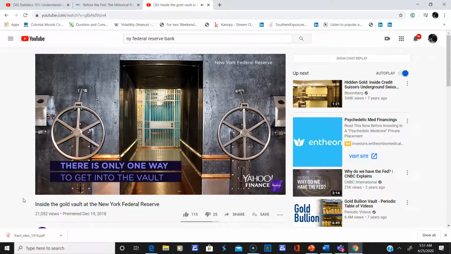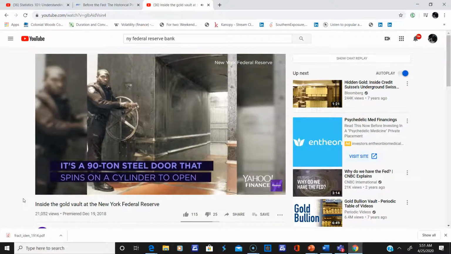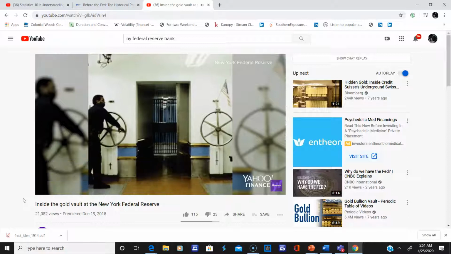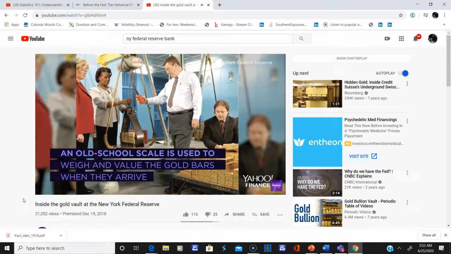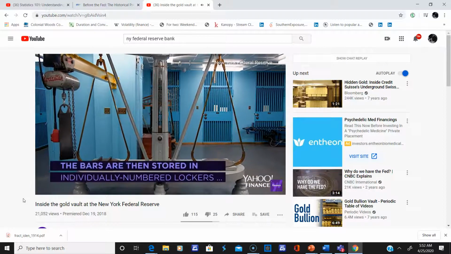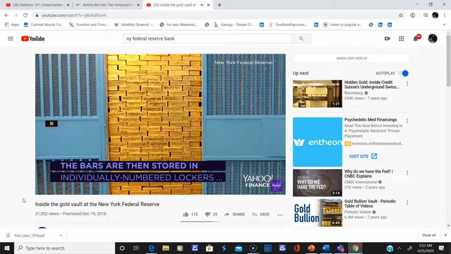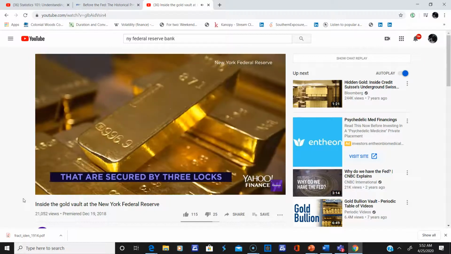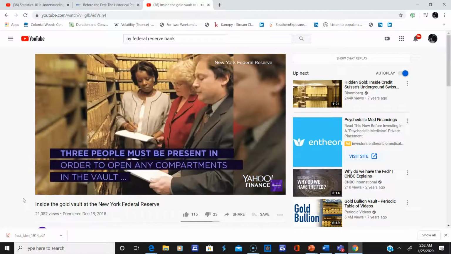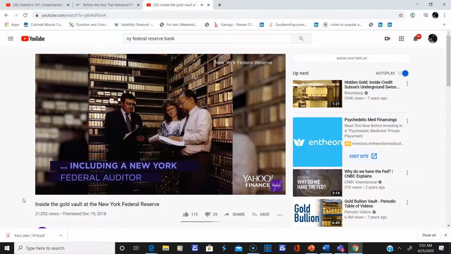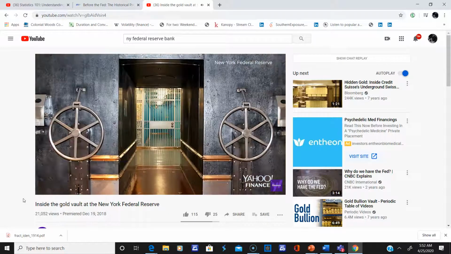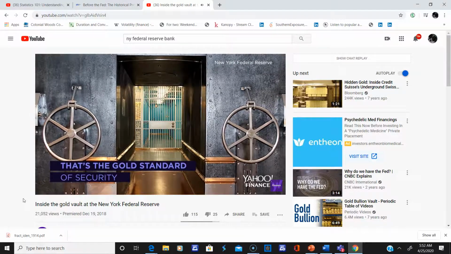There's only one way to get into the vault, a 90-ton steel door that spins on a cylinder to open the accessway. When gold enters the vault, the New York Fed uses an old-school scale to weigh and value the gold bars. The gold is then stored in individually numbered lockers secured by 3 locks. How tight is the security? When any compartment inside the vault is open, 3 people, including one New York Fed auditor, must be present to ensure that the gold is safe. Now that's a gold standard of security.